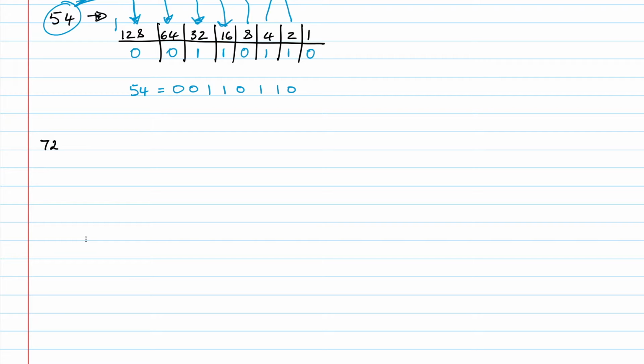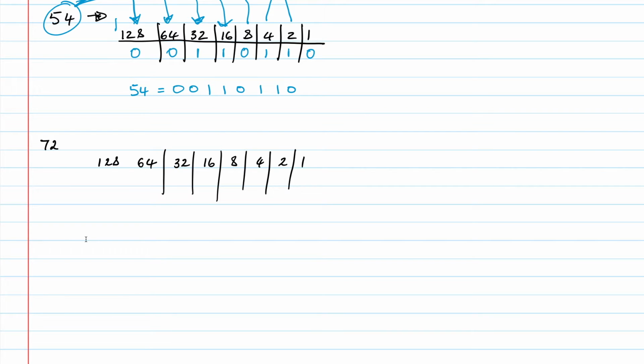We start off with 128, 64, 32, 16, 8, 4, 2 and 1, and then we draw a table, in my case badly. So how do we work out 72? Obviously 128 is too big, so we put a 0 there. 64, yep, that's okay, so we put a 1 there straight away.